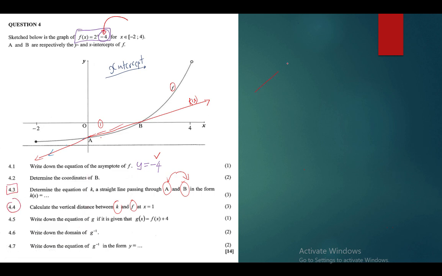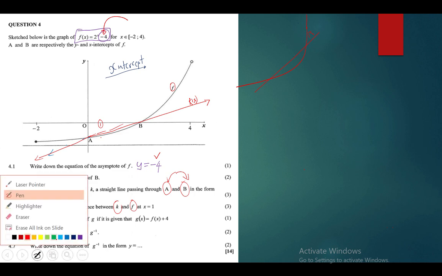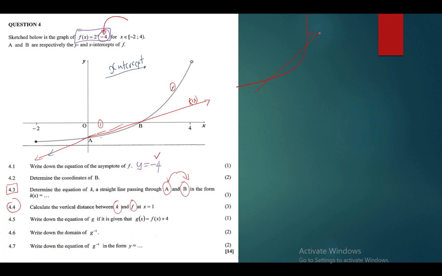You have a straight line, which is K. You have a function F, which is something like this. I wish I drew them with different colors. It's a straight line. You still remember this straight line is K of x, and this other function is f of x.